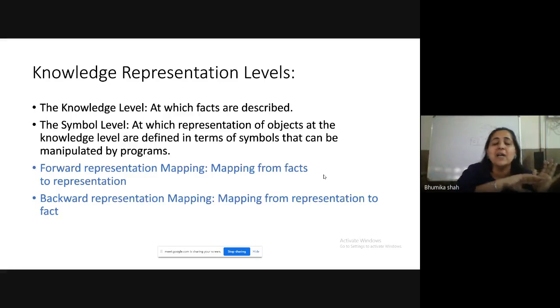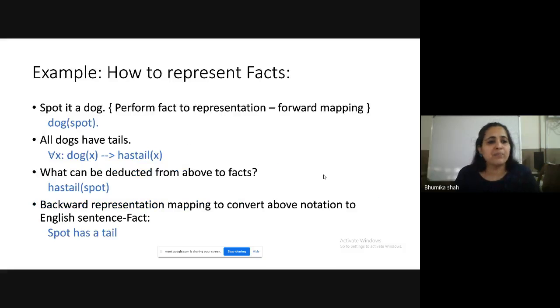Whenever facts are written in the form of a generalized representation, that fact to representation mapping is called forward mapping. We'll see this with examples. What is backward mapping? Whenever you have a representation available and you convert that to an English-like statement, that is a fact, it is called backward representation mapping. Let us see with examples so it will be more clear.